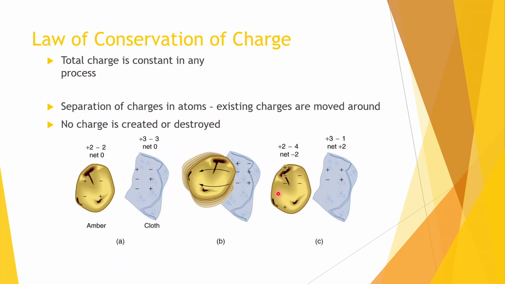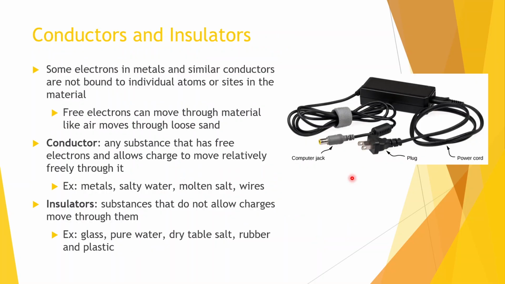So this amber is now a net charge of -2, and the cloth is a net charge of +2. So this is, again, the law of conservation of charge. Overall, in this system, we still have a net of 0. Okay, now we can talk about conductors and insulators.